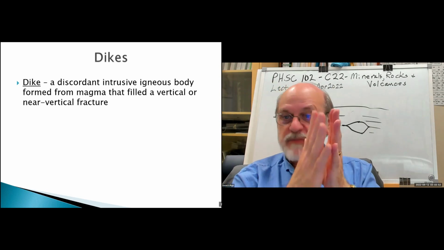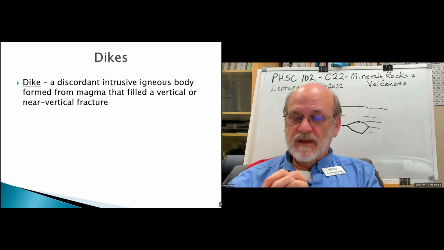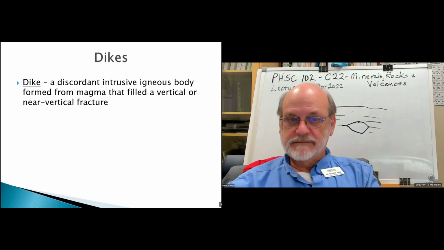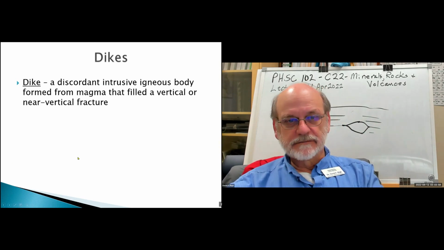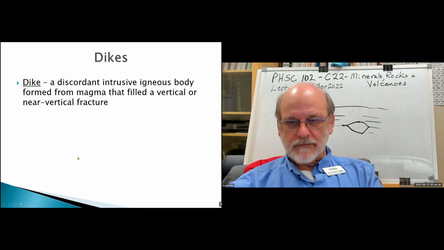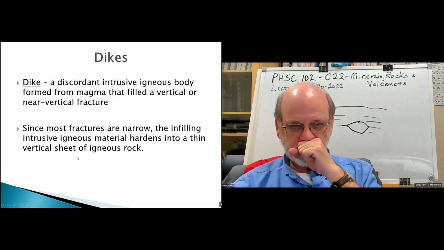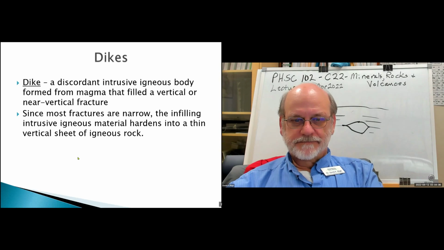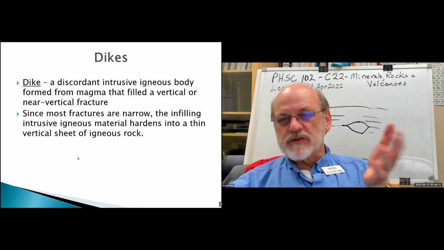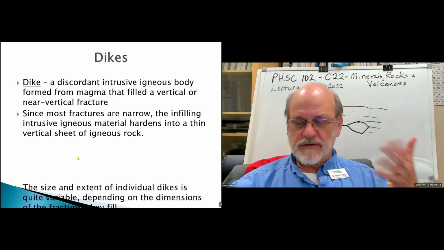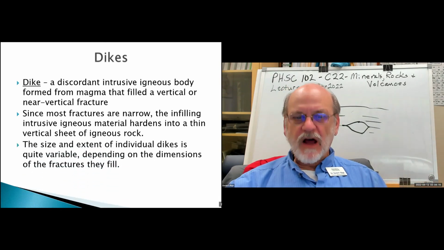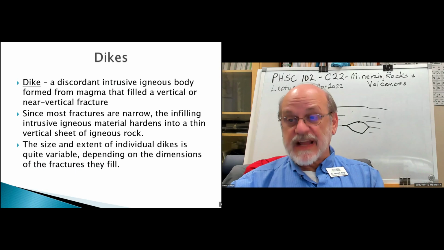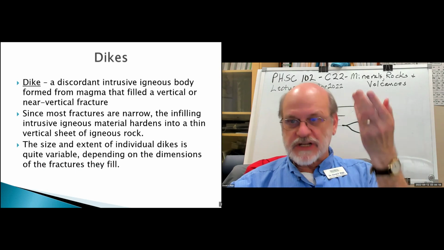It may push the crack further apart, but it fills the crack. That's a dike. There's no one size or extent for these individual dikes. It all depends on the nature of the fracture that they're pushed into.